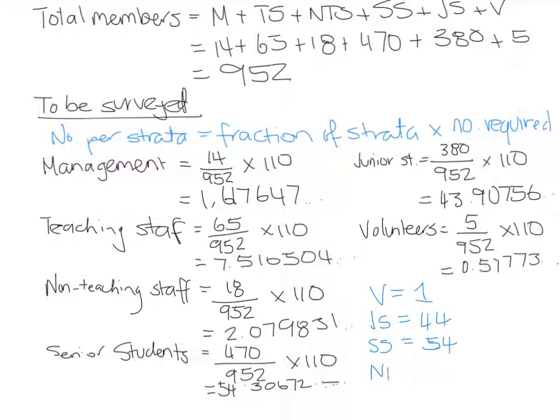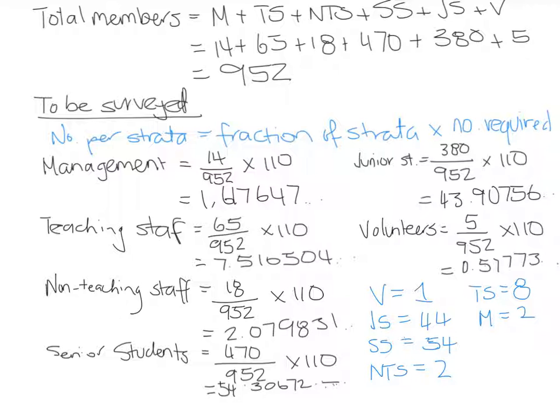Then our non-teaching staff, we've got 2.079, so we'll leave that at 2. Our teaching staff, 7.516, so we might go to 8. We'll see what we end up with. And then management, 1.617, so technically management needs to go to 2.